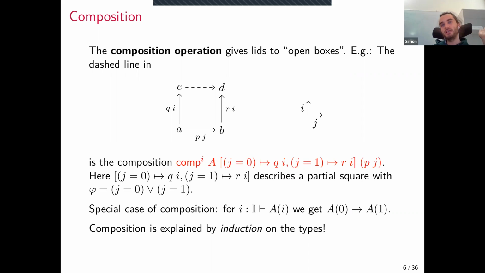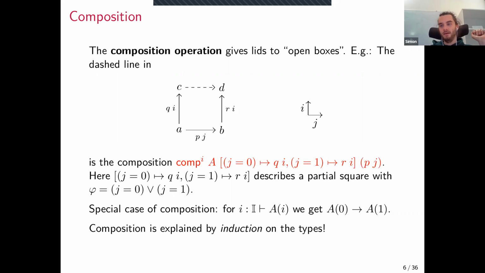Right, so as a special case, when phi corresponds to the empty system or partial element, then if you have a dependent type, you get a function from A0 to A1. And this is really the starting point to justify the elimination rules similar to how we have them for identity types. And with this, we can also prove that this path type is an equivalence relation.